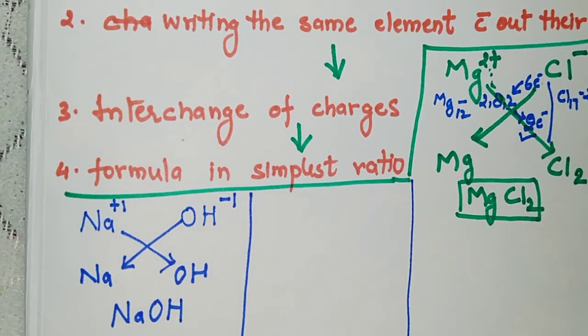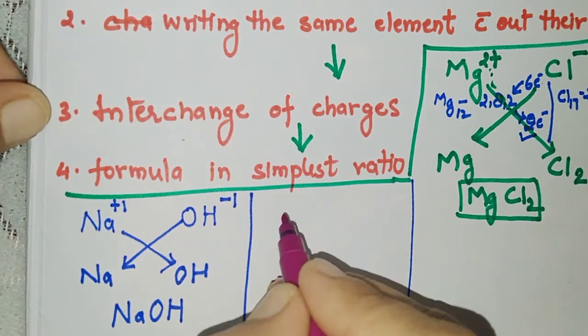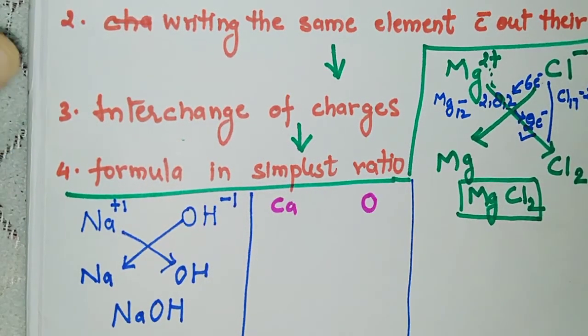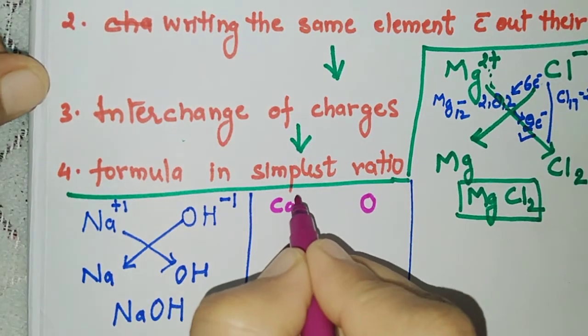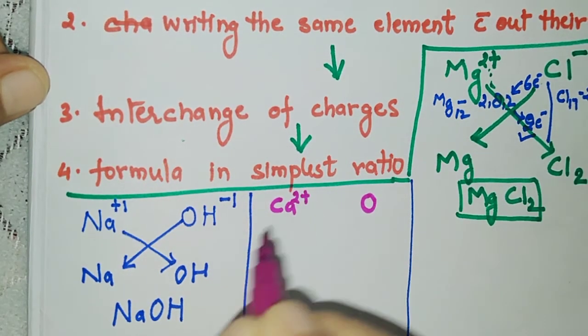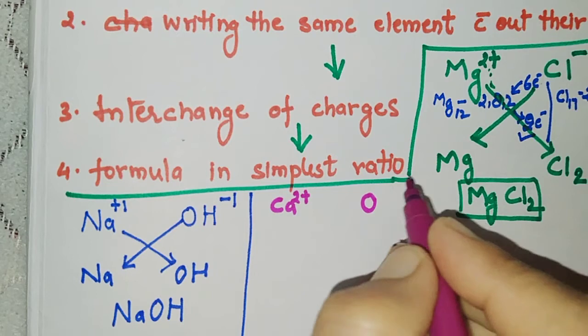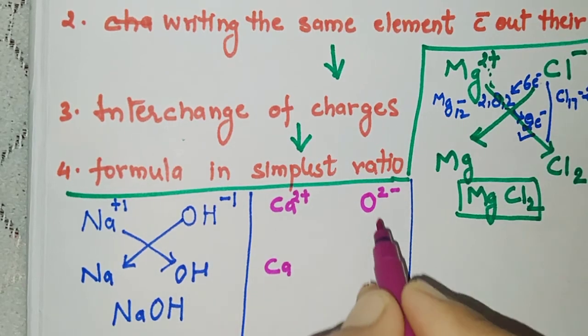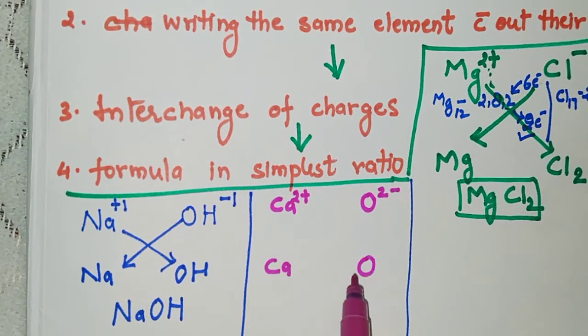I am giving you a third example here. Calcium and oxygen. Calcium charge is 2 plus and oxygen is 2 minus. We will write the same elements down, calcium, oxygen. Now what will we do?